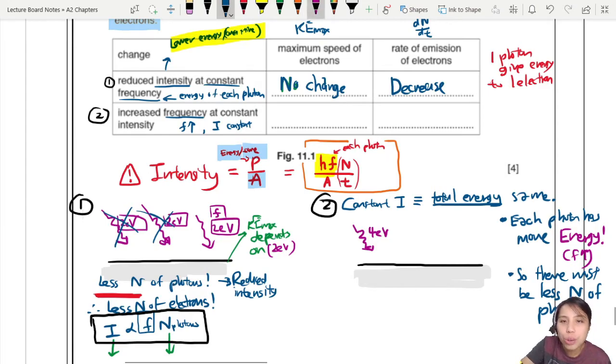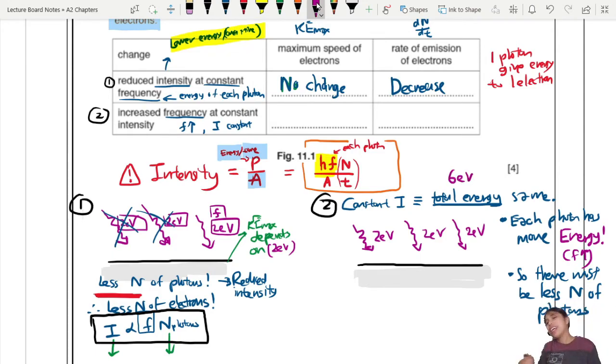Maybe I will draw for you. Let's say there's 2 eV, 2 eV, 2 eV. Total energy is 6 eV. Sorry, I cannot maths. Now I want to increase them to 3 eV.